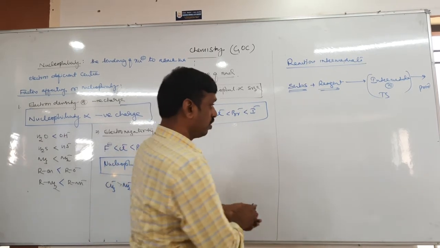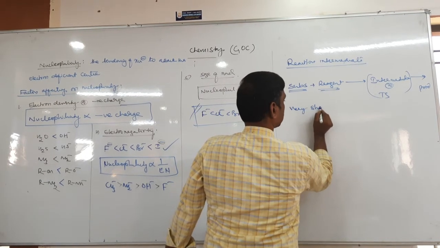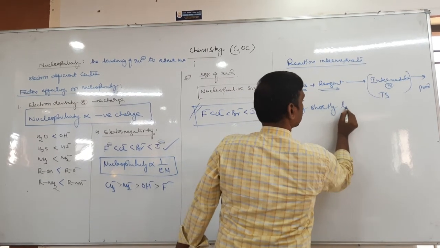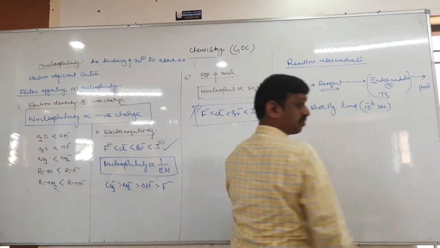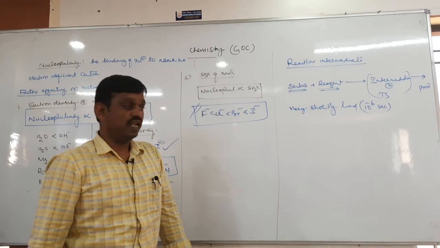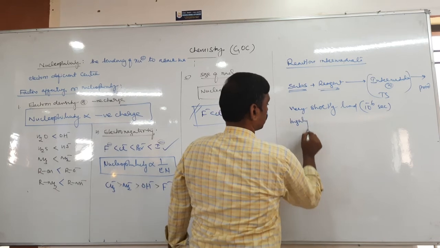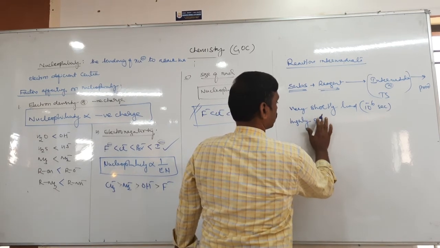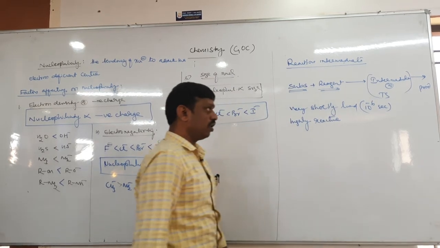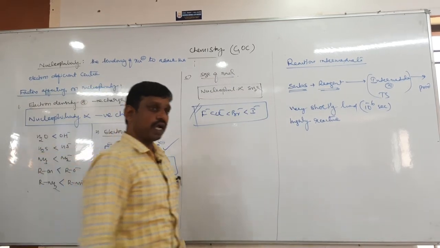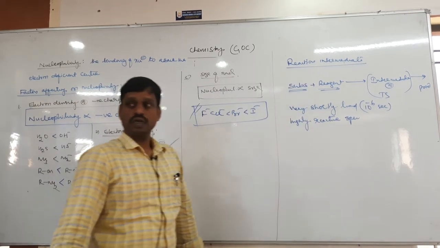Reaction intermediates are very short lived, around 10 power minus 6 seconds, and highly reactive. Very shortly lived and highly reactive species are called reaction intermediates.